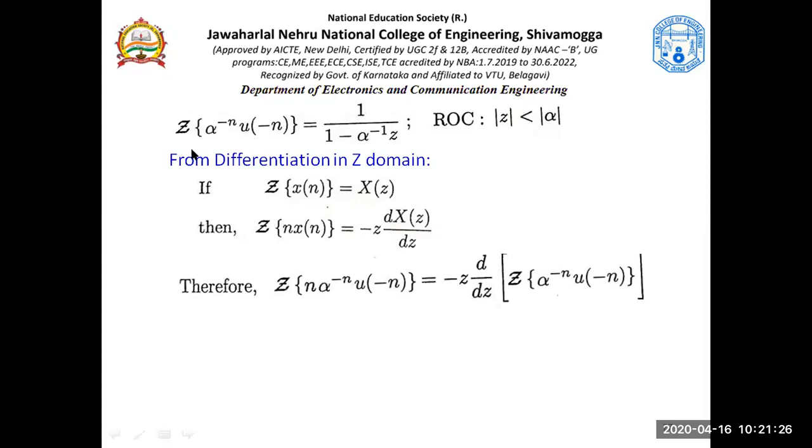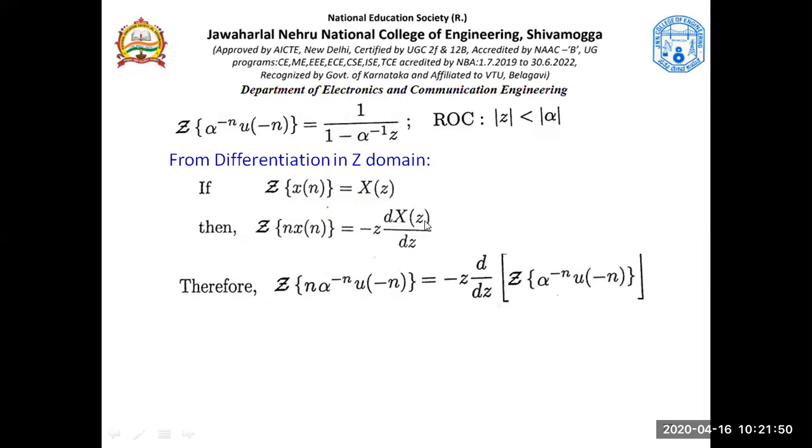So what have we done? In this place, we have brought n. So n into any signal can be solved using the differentiation in z domain property. Why is it called differentiation in z domain? See, this is the z domain, this is the time domain. In the z domain, there is differentiation of X of z with respect to z. And when would that differentiation be there?